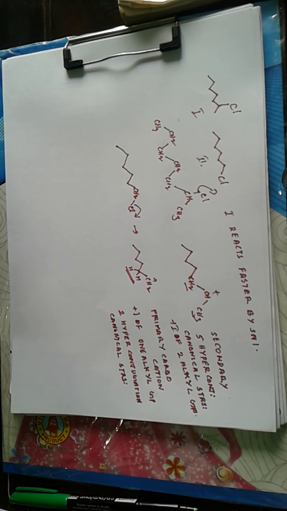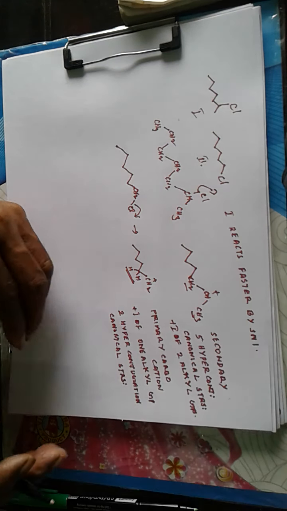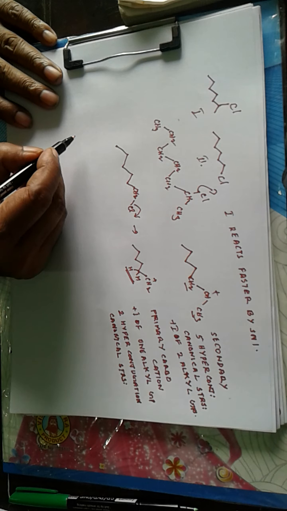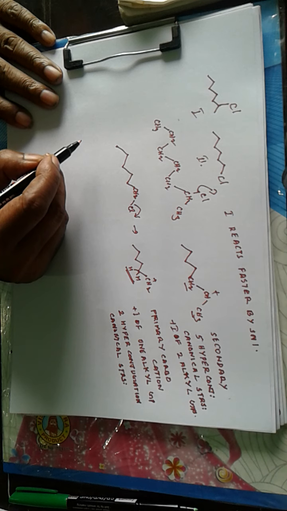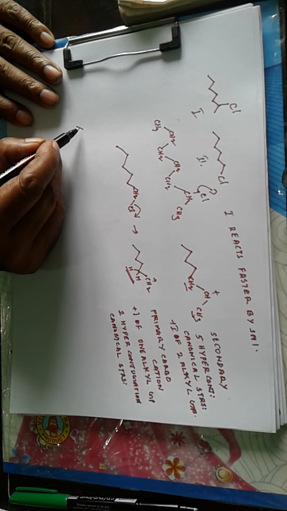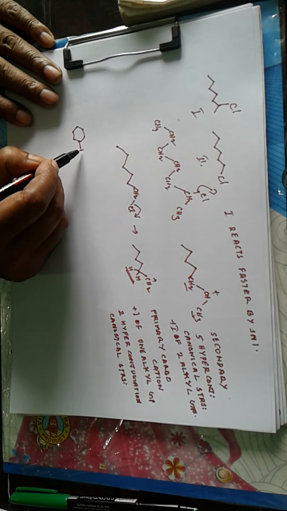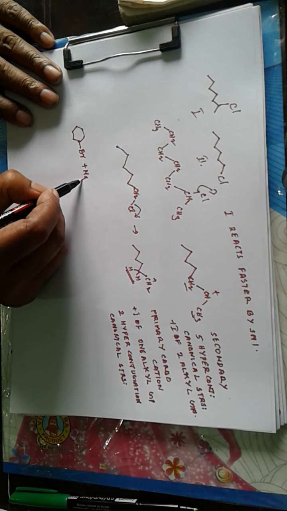Then a set of reactions are given, starting with bromocyclohexane. Identify A, B, C, D, E, R and R dash. Now starting from this compound, Br plus Mg.